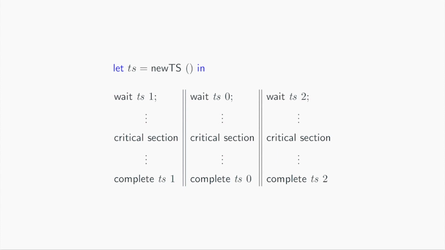But in addition to what a lock guarantees, it also ensures that the critical sections are executed in the order given by this turn argument to wait. So here we are ensured that this critical section will run first, then this critical section, and finally this critical section. So we can say that a turn sequencer ensures a form of ordered mutual exclusion.